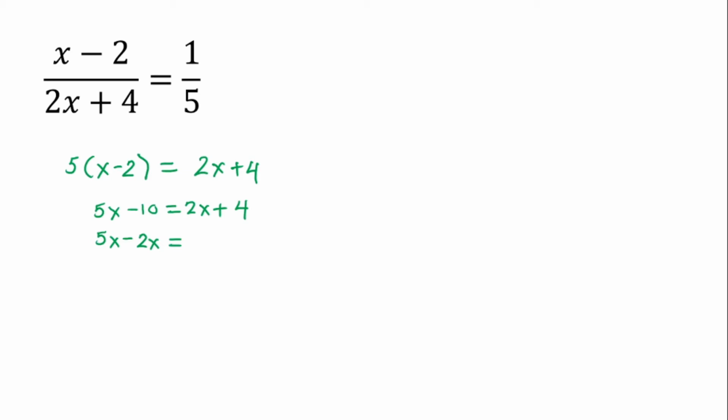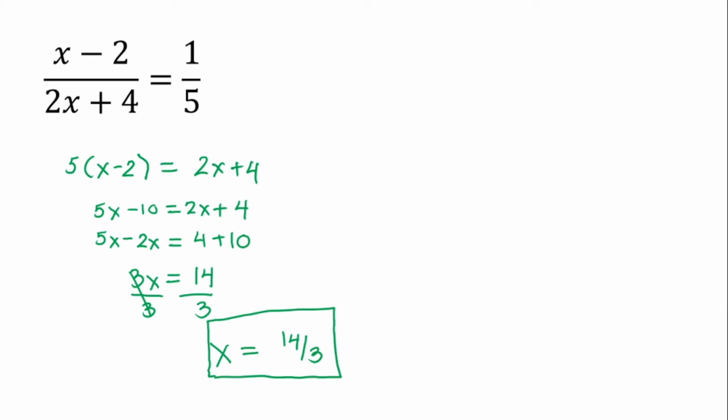When we transpose it to the right, it becomes positive 10. Therefore, we can now simplify the equation. What is 5x minus 2x? It is 3x. Very good. How about what is 4 plus 10? That is 14. And then let us divide both sides by 3. Therefore, x is equal to 14 over 3.